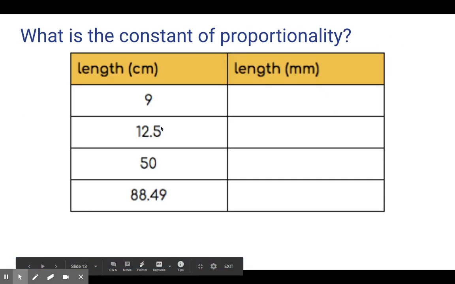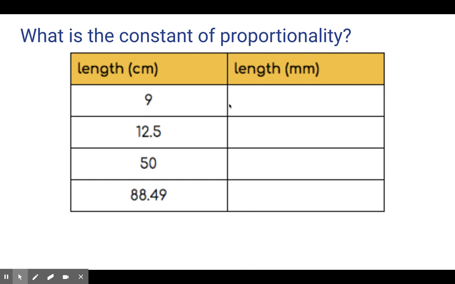So if I'm doing that same thing to complete my table, 9 centimeters would be equivalent to 90 millimeters. So that would be the first blank in my table. 12.5, if I multiply that by 10, I should get 125 millimeters. 50 centimeters would be equivalent to 500 millimeters.